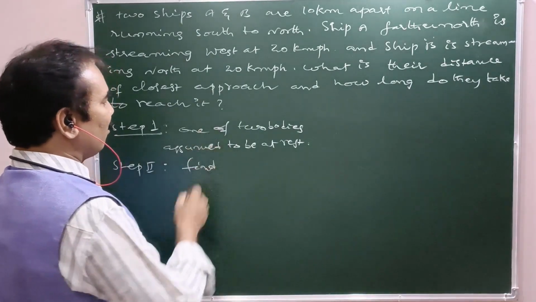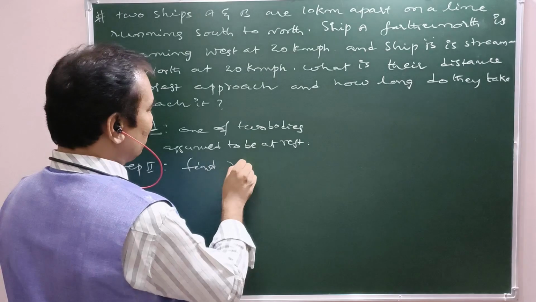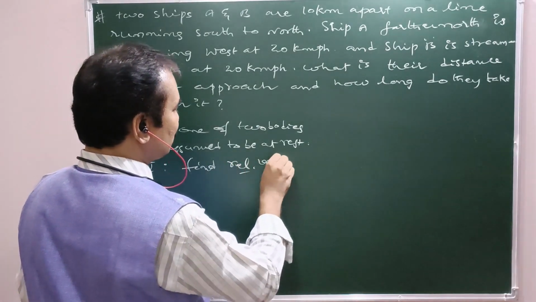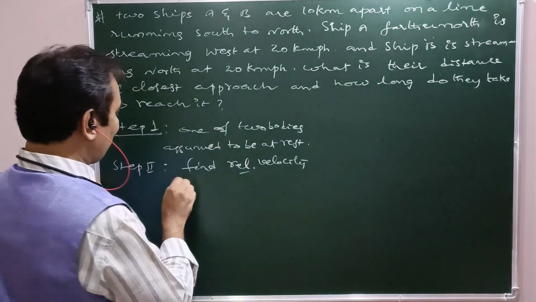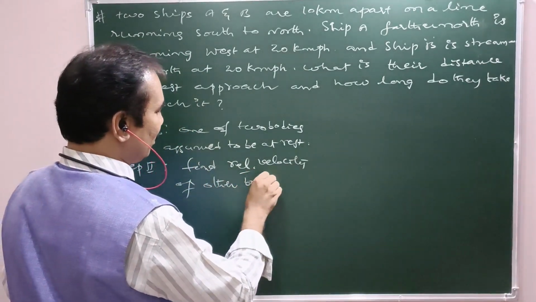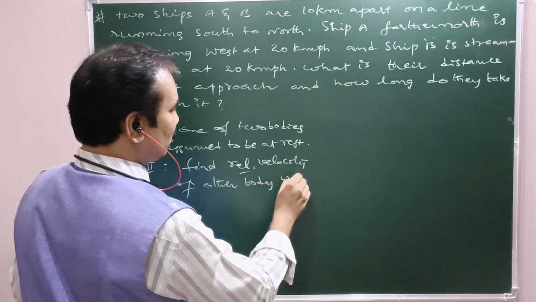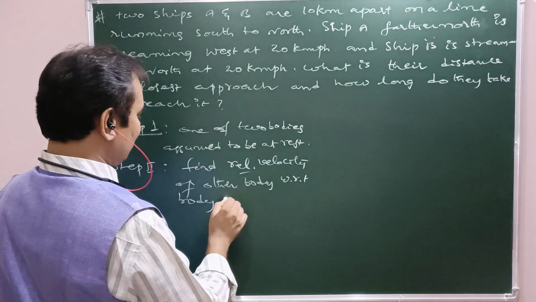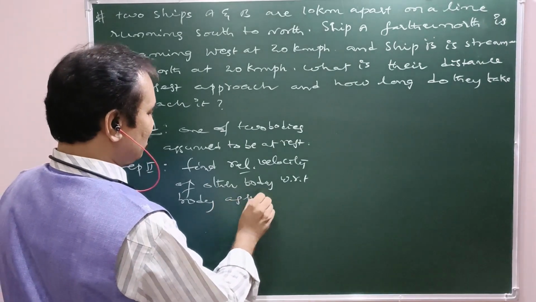Find the relative velocity of the other body with respect to the body assumed at rest.